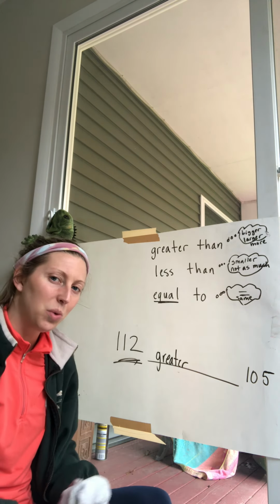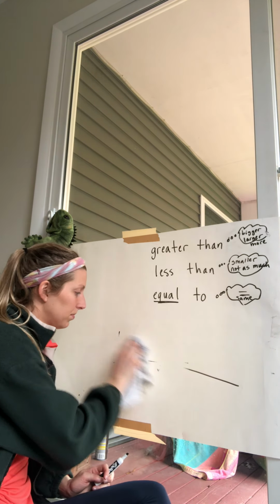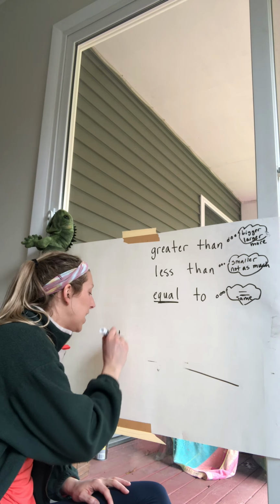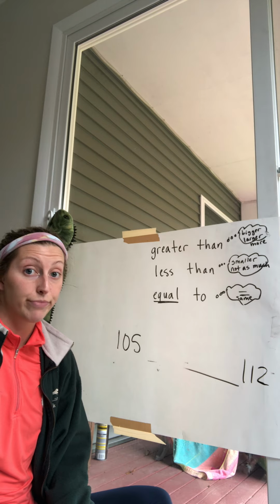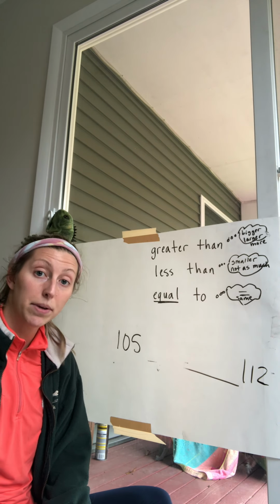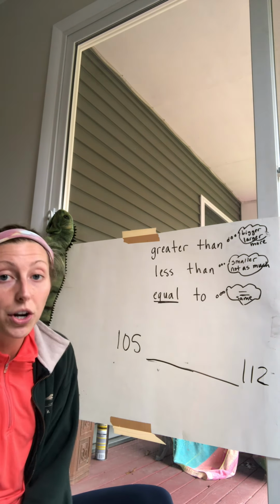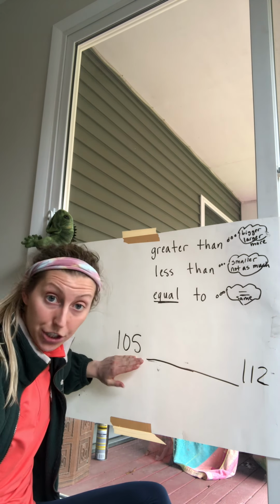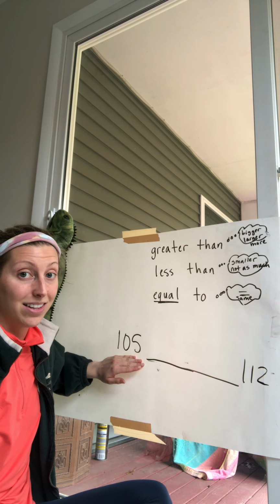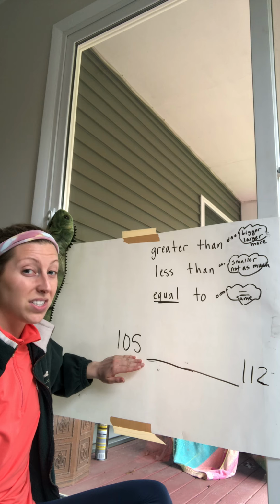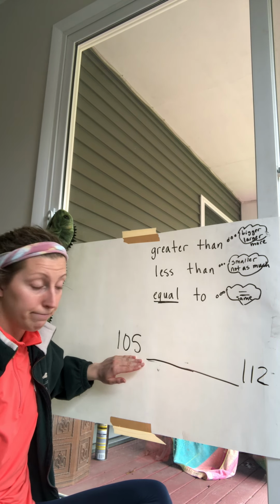Now, what if Miss White did this? Look what I do. Same numbers, different signs. Does my phrase in the middle change? Let's see. 105 is what to 112? Is 105 greater than 112? Is 105 less than 112? Or is 105 equal to 112?